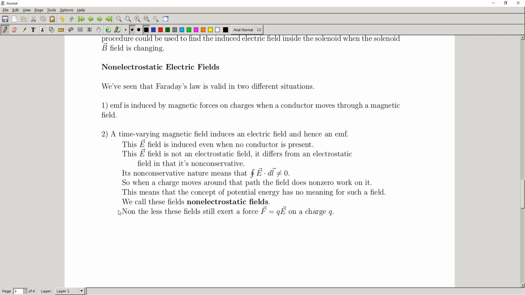Although, I should still point out this last point here. Although this is a non-electrostatic field, it's still true that this expression holds. This non-electrostatic field, even though it's non-conservative, still gives rise to an electric force. So if we have some charge Q in this electric field, it still gives rise to an electric force.